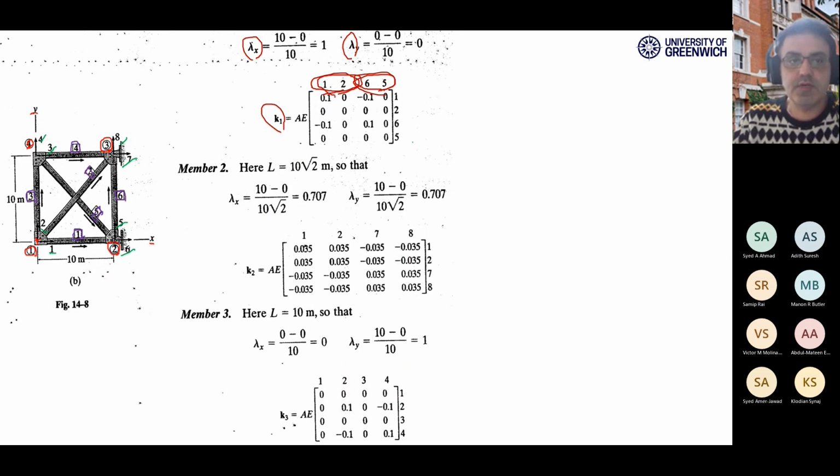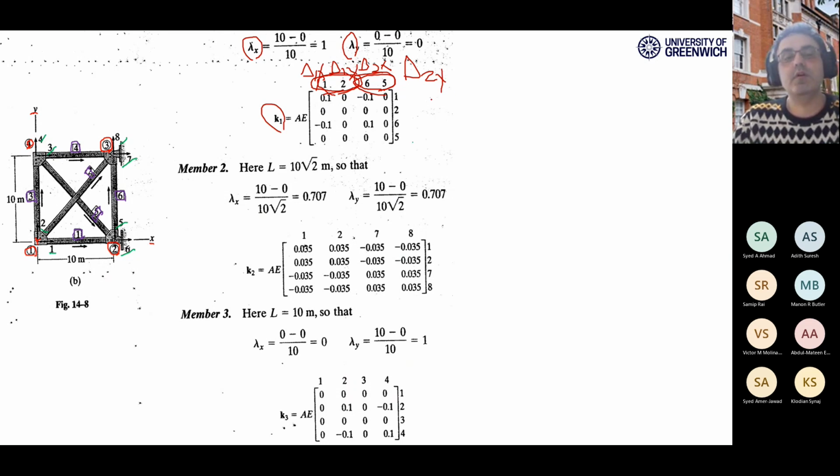For the first two, for example, if you were using the notation like delta 1x and delta 1y, you should write here, the near end is joint number 1. You should write delta 1x, delta 1y, and for 6 and 5, which corresponds to joint number 2, you should write delta 2x and delta 2y, for example.